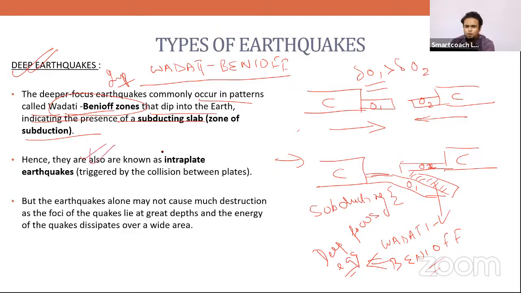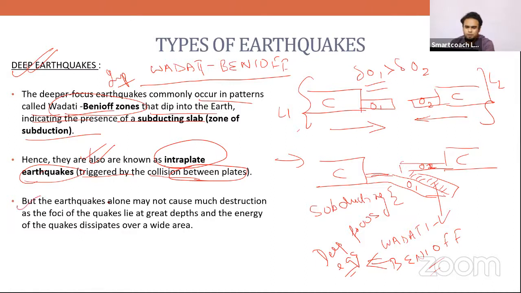Hence, they are also called intraplate earthquakes. Why the term intraplate? Because this is happening because of a convergence of two different plates, right? This is what it means: triggered by collision between the plates, between lithospheric plate L1 and lithospheric plate L2.